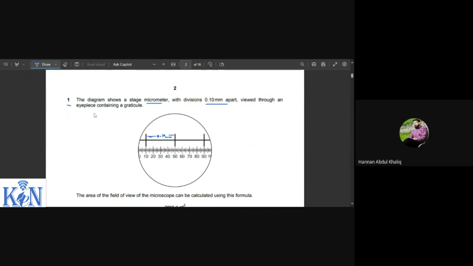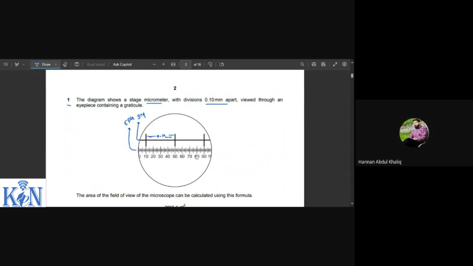viewed through an eyepiece containing a graticule. So this is basically the vision in the eyepiece, and you know very well that this is a stage micrometer, and this one is the eyepiece graticule.